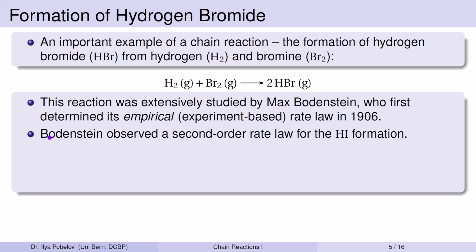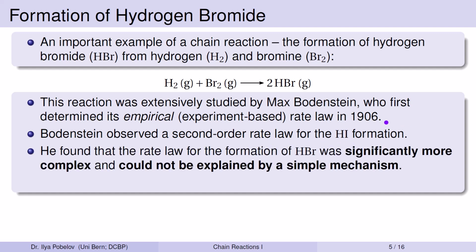Before that, Bodenstein observed a second-order rate law for the formation of hydrogen iodide. However, when investigating the formation of hydrogen bromide, he found that the rate law was significantly more complex and could not be explained by a simple mechanism.